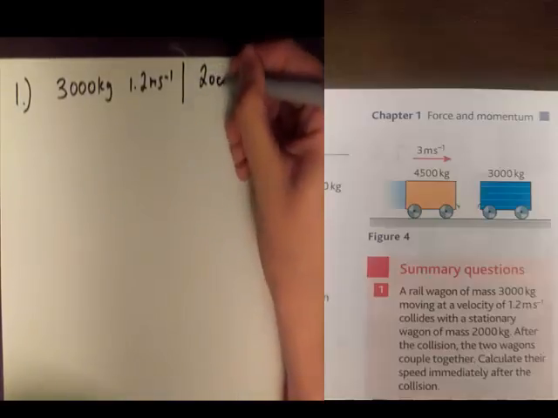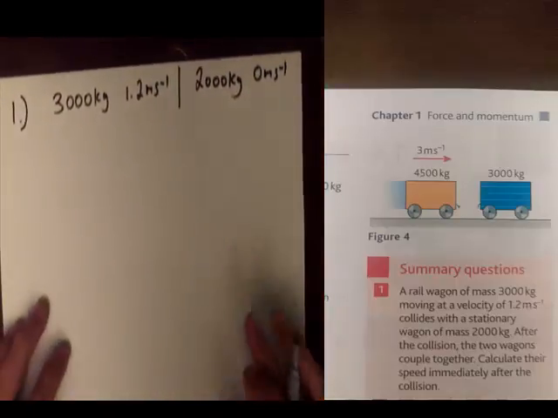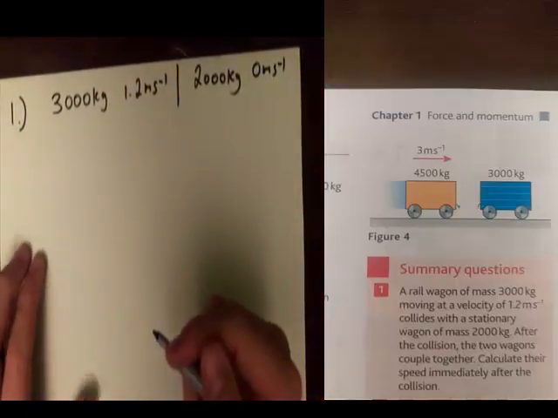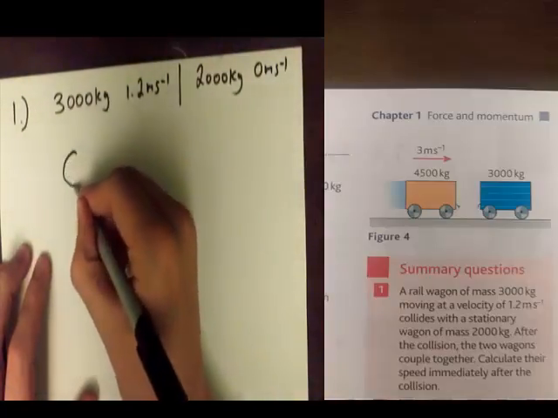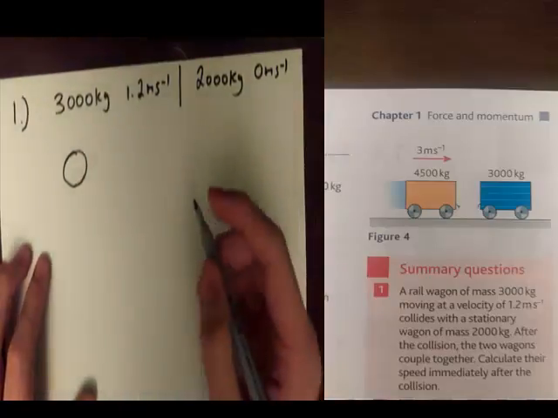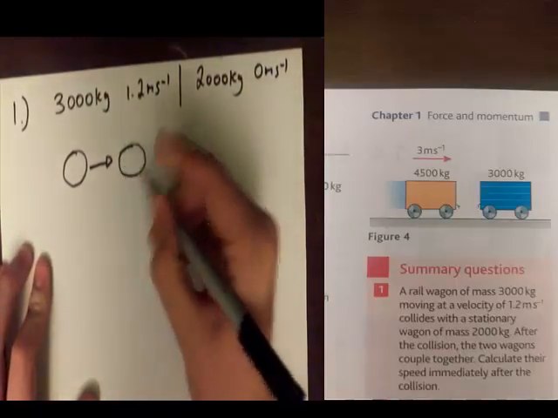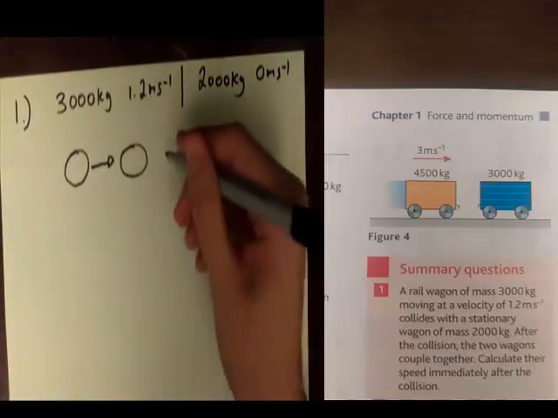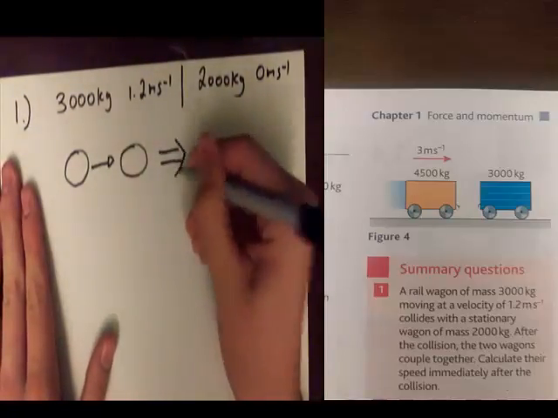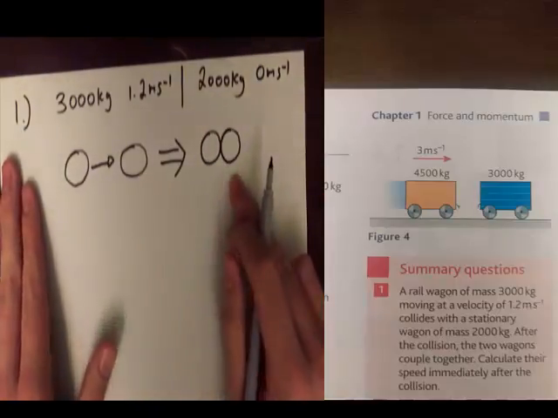So 2,000 kilograms, 0 meters per second. Now what I like to do to tackle these questions is to draw a nice little diagram. So we want to have this wagon here, doesn't have to be fancy, colliding with this wagon here. Now it says that the two wagons couple together, so after the collision they will become one mass.